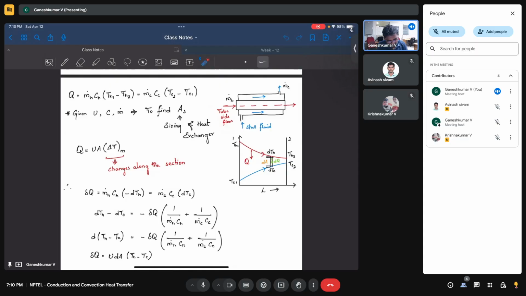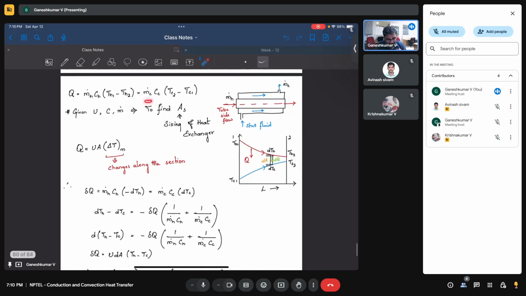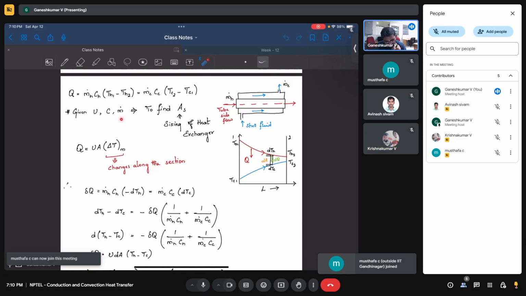So for this kind of heat exchanger, the total heat transfer, when a liquid is cooled down from a higher temperature to a lower temperature, we can express it as m dot c delta T. And the same goes with the cold fluid, which is also undergoing a temperature change.